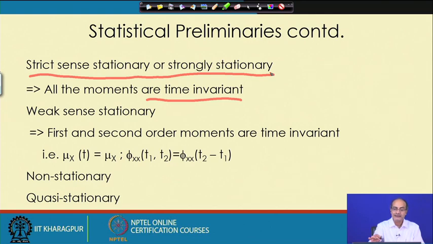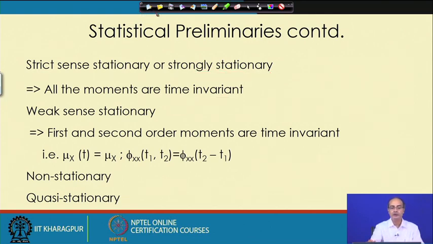Now, as it is a very difficult proposition to calculate even all the moments, a simpler definition is given, and that is called weak sense stationary signal or weak sense stationary process.